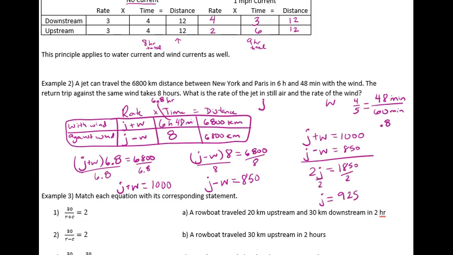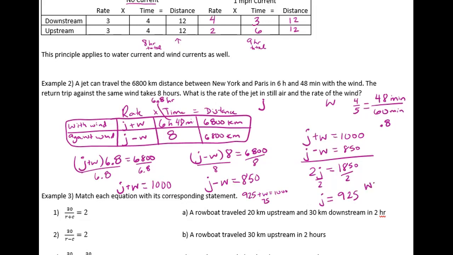So what does that make W? Well, I can use either one of these. If I do 925 minus something is 850. Or I could jump over here and say 925 plus W equals 1,000. So I can easily see that I need to add 75 to 925 to get 1,000.